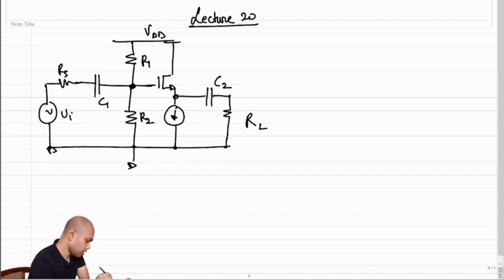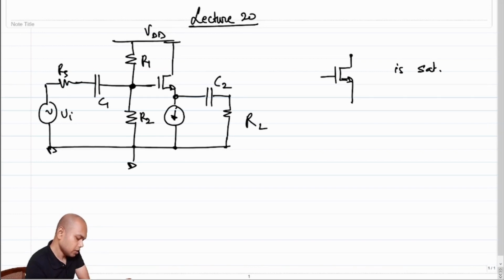So in case of an ideal MOSFET, biased in saturation, it means gate is with some voltage, drain is with some voltage, source is with some voltage.